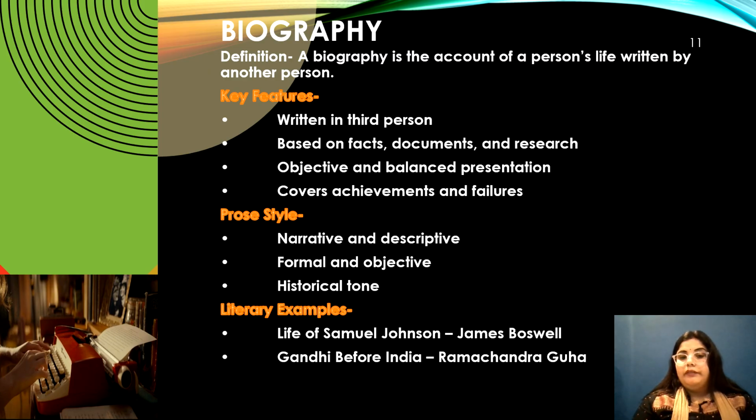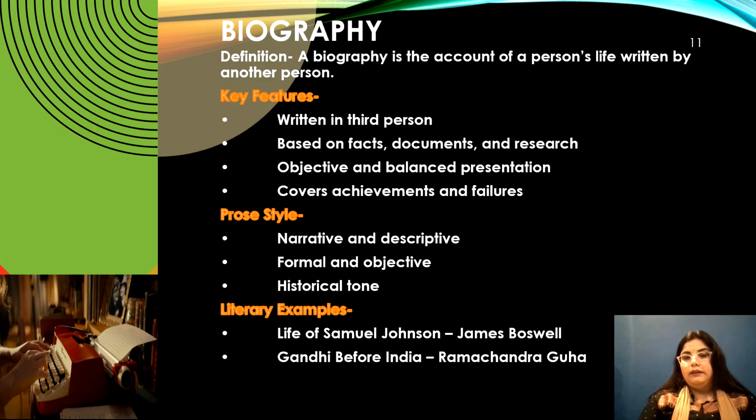Then we can see an objective and balanced presentation in biography, and it covers the achievements and failures of the person. If we talk about the prose style of biography, it is narrative and descriptive in nature, formal as well as objective, and historical in tone. The literary examples we have are Life of Samuel Johnson by James Boswell and Gandhi Before India by Ramchandra Guha.